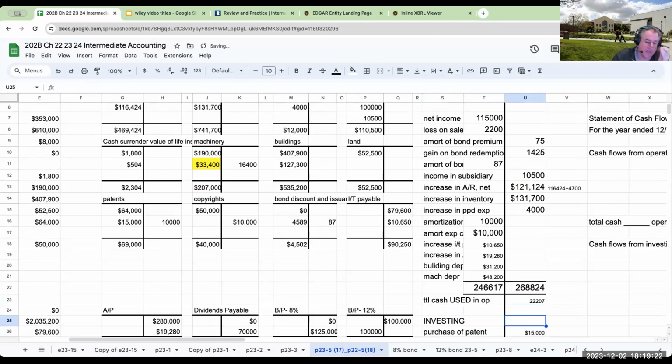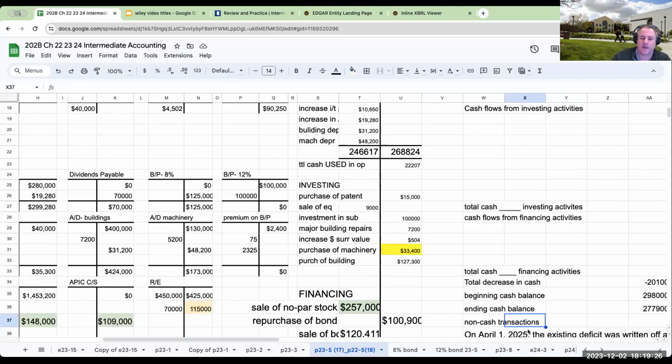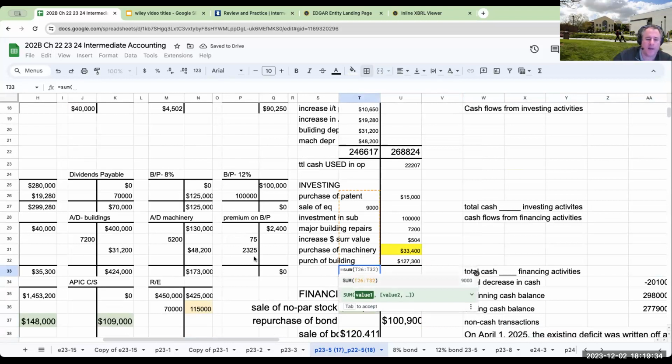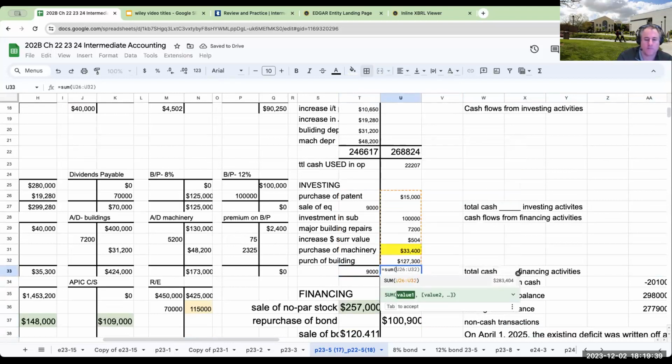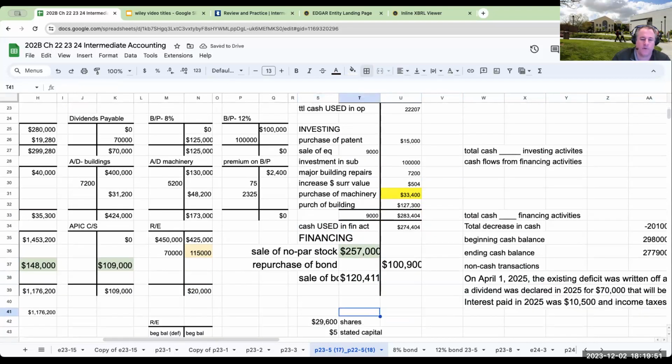This is the total cash used in operating. It's going to be a negative number, right? Remember, I'm adding up each one of these sections, and what I'm trying to get to is the 20,100. So now I'm going to add up these balances over here. This is cash used in investing activities of 274,404.